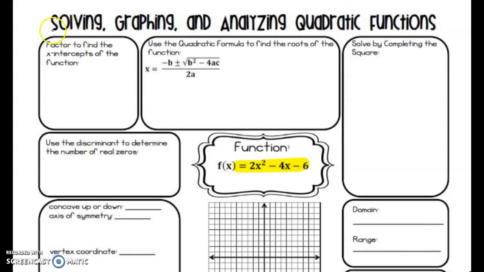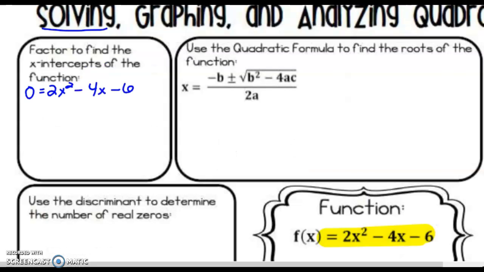So to solve this quadratic function, we first started by factoring it. If I factor this, 0 equals 2x squared minus 4x minus 6. And again, we set it equal to 0 because that is where it will cross the x-axis, when y is 0.